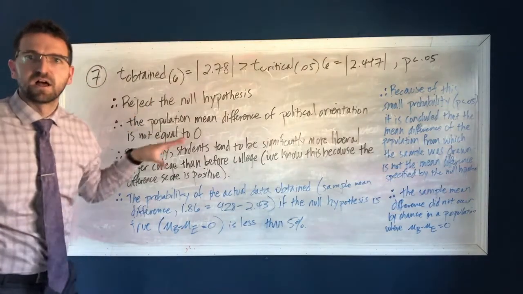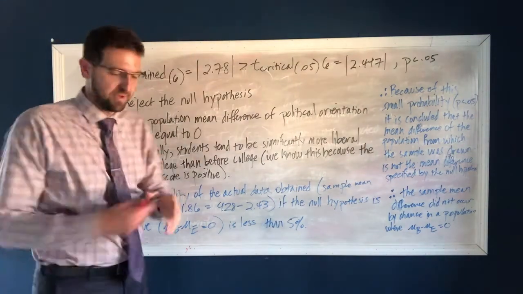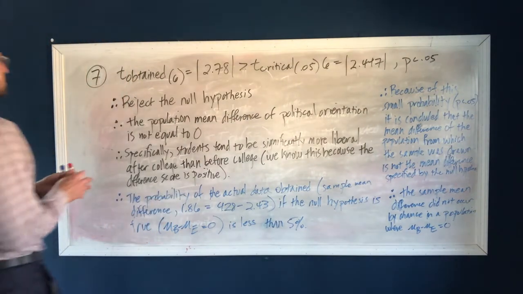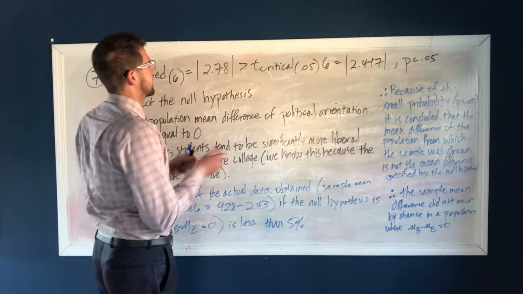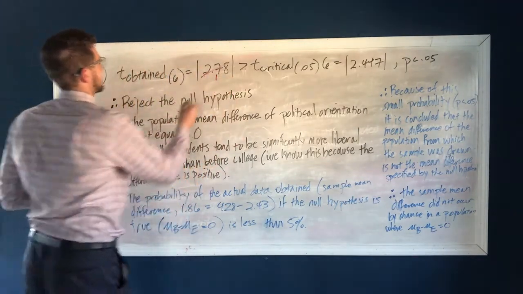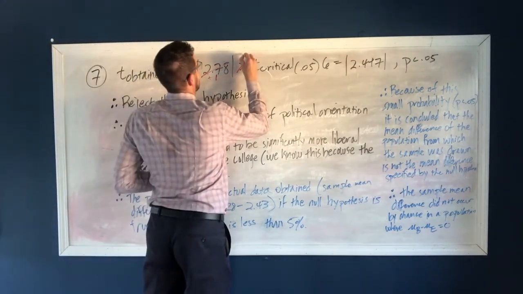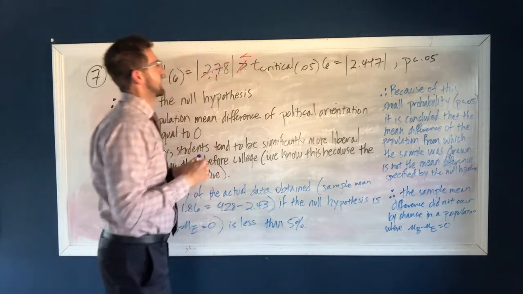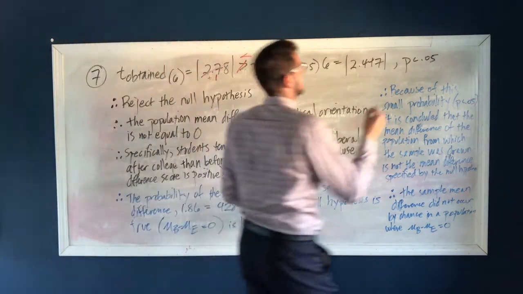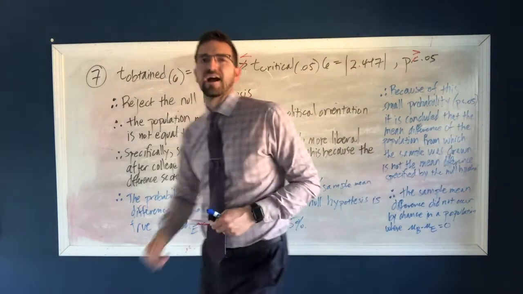We rejected the null hypothesis here. What would happen if we retain the null hypothesis? Okay, so let's say we had a t value that was 1. So that would be less than our t-critical value, and therefore our p would be greater than 0.05.